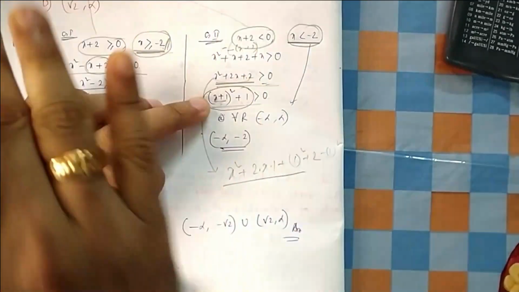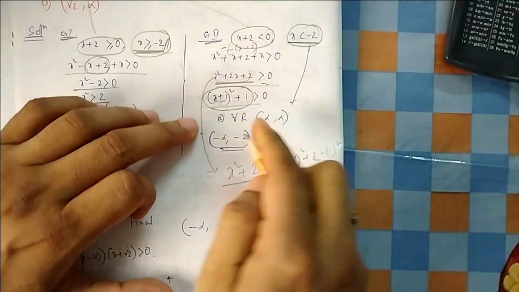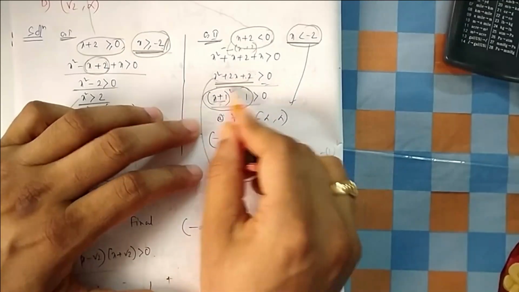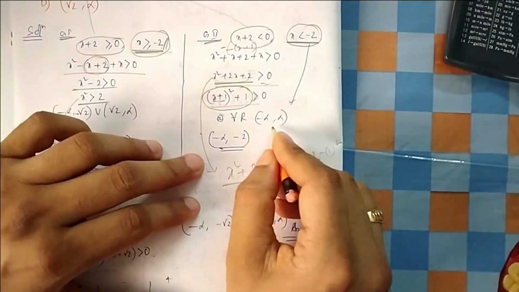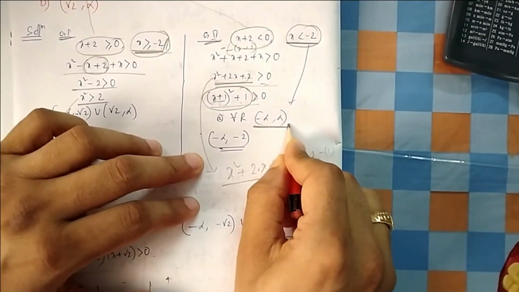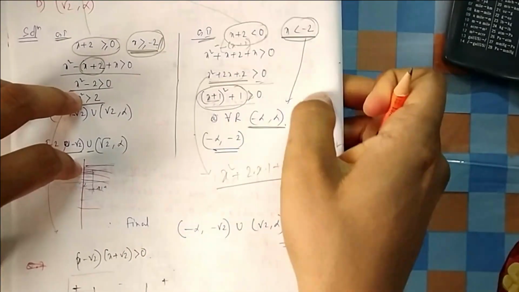So you cannot reach below 1, and because it is always at least 1, it is always positive. Whatever value of x you take, it will be always positive. I need only positive, so my answer is minus infinity to infinity. But my boundary was at minus root 2.